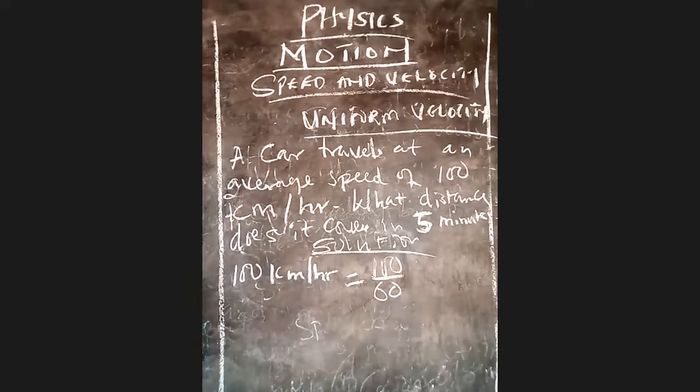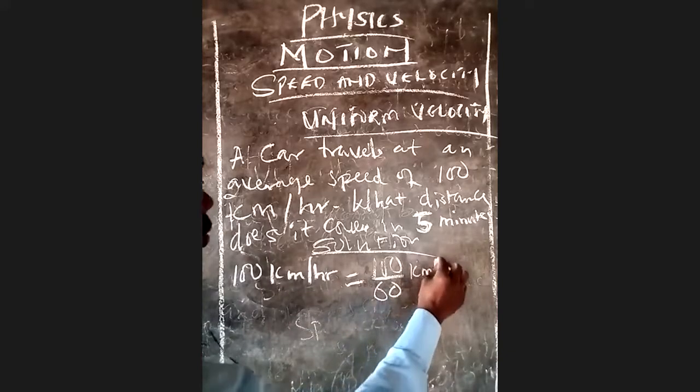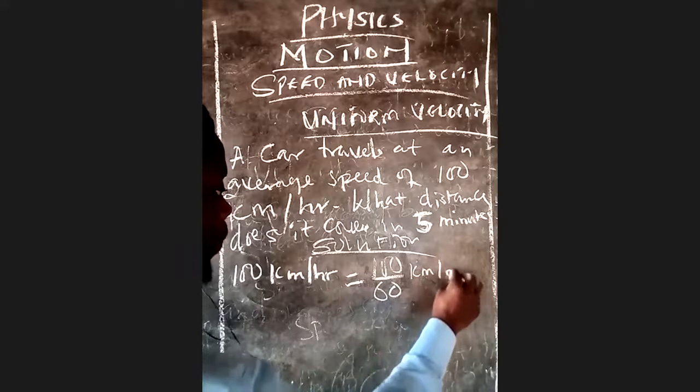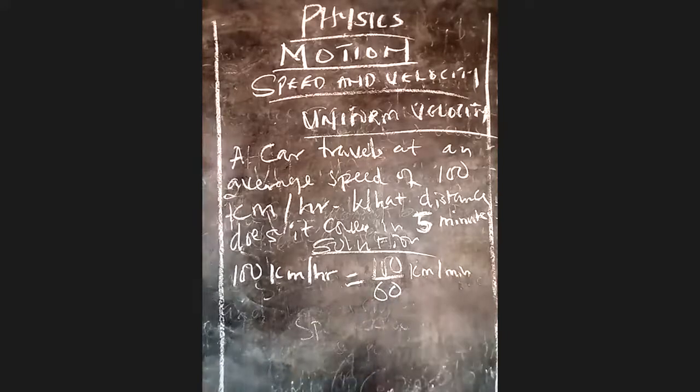What am I doing here? 100 over 60, that is kilometer per minute. I'm trying to convert to kilometer per minute. It was kilometer per hour here, so 100 all over 60 is the kilometer per minute.